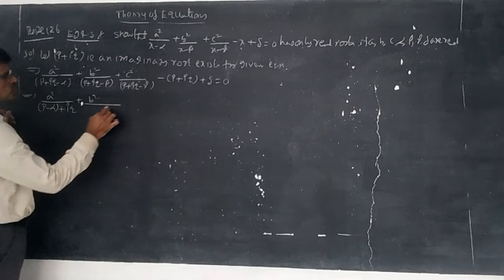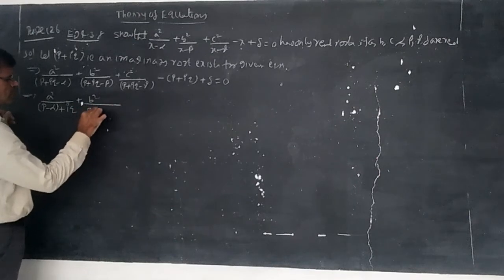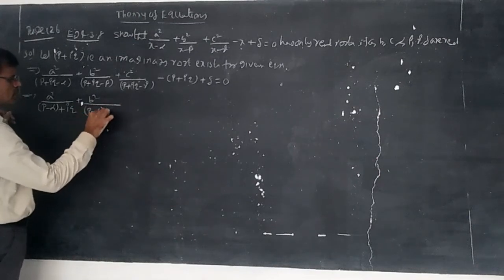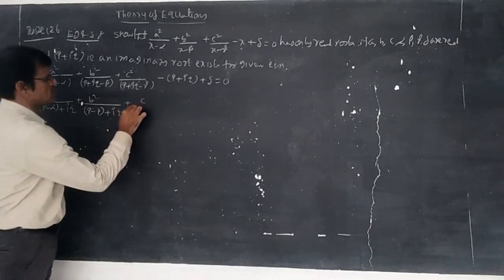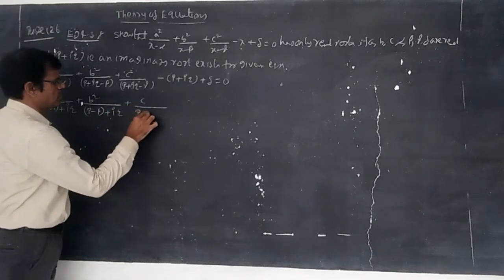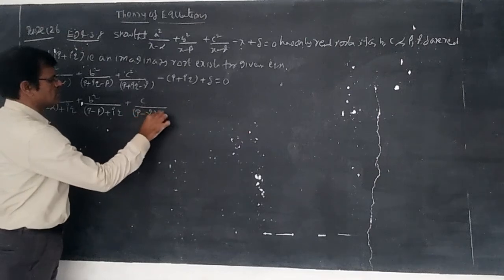Next, b square by p minus beta plus iq. You can write c square by p minus gamma plus iq.